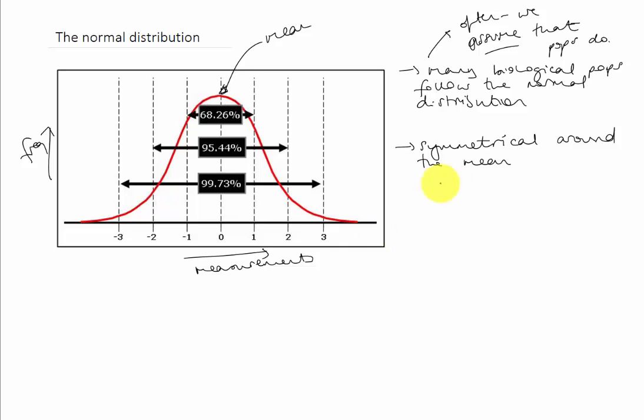And that means that the mean is equal to the median. So we have as many samples to the left of the mean as to the right of the mean. So the mean is the same as the median in your ideal normally distributed population.